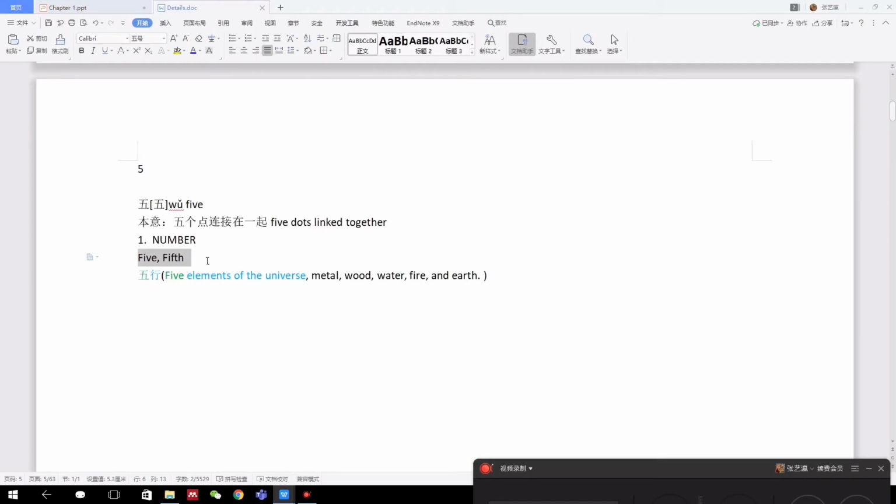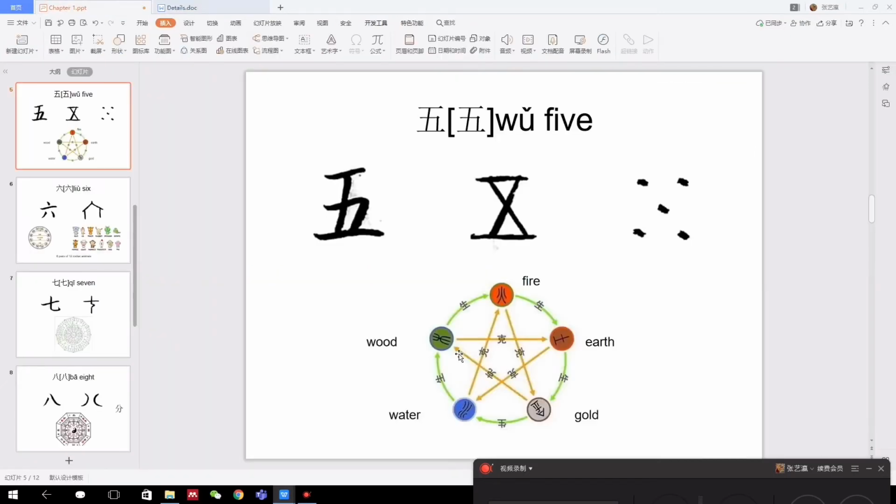For example, 五行, 5 elements of the universe. They are metal, wood, water, fire, and earth.